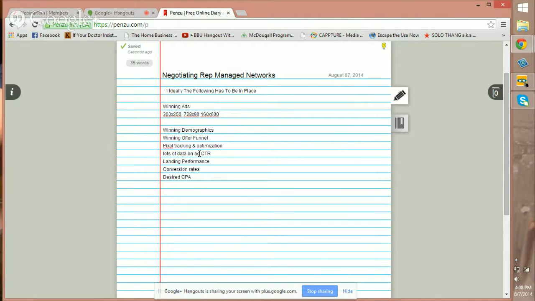Like I said yesterday, most of these networks require a minimum of 300 to 1,000 per day. Those are the minimums. These are the daily budgets, right?